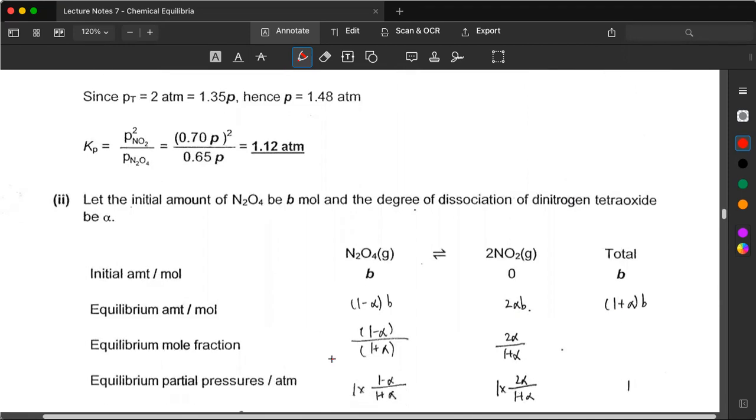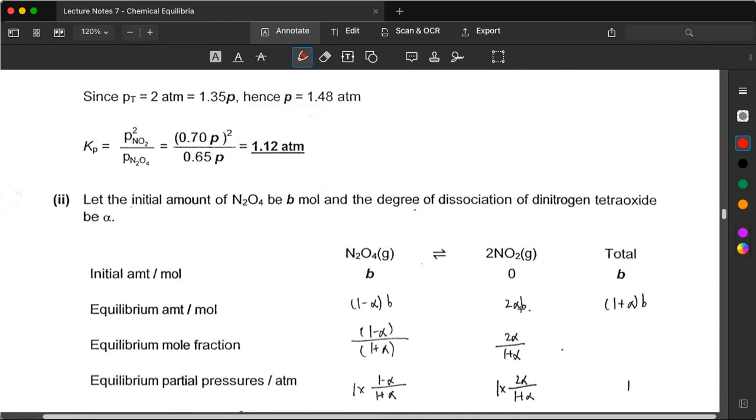Okay. Equilibrium mole fraction, 1 minus alpha. Equilibrium mole fraction is this divided by this. So you cancel off the B. This divided by this, sorry. This divided by this, so the B is cancelled off.